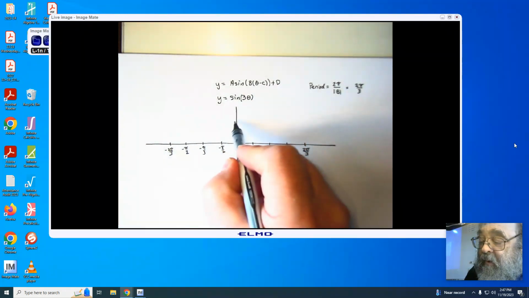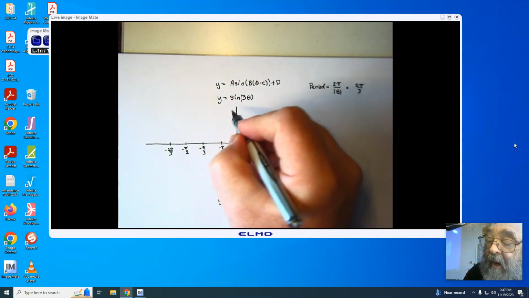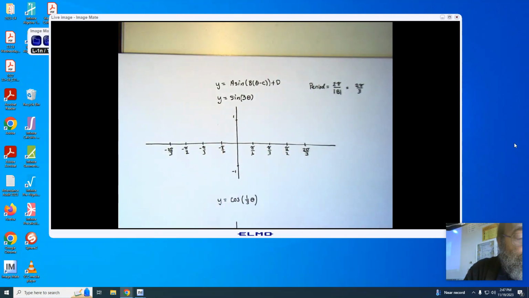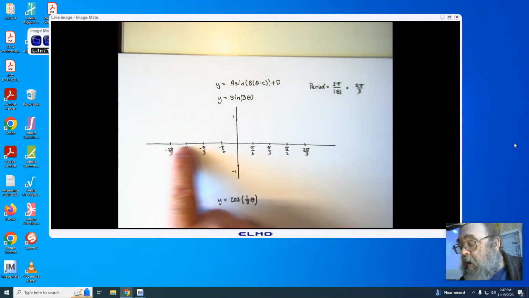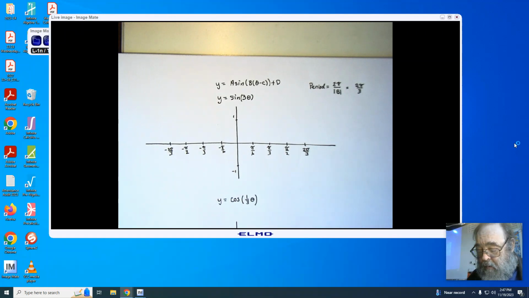Our amplitude is a 1, so we're going to go up 1 and down 1. If you want, you can put that on your graph. And we're now going to start our sine function. Now notice our center line is still along the horizontal, so we do not have a center line change yet.